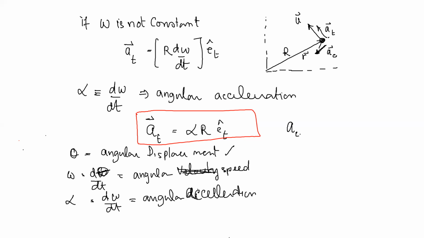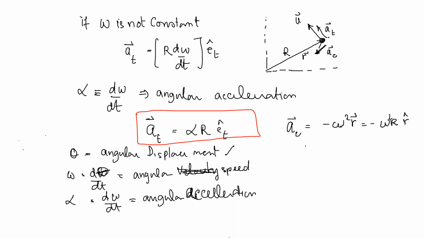We still have ac, which is centripetal acceleration, minus omega square r, pointing toward the center. Or you can say that it is minus omega square r times the unit vector of r.